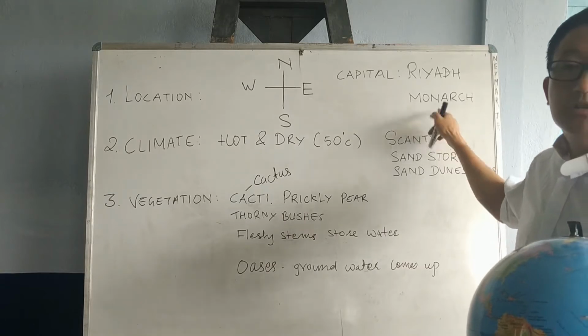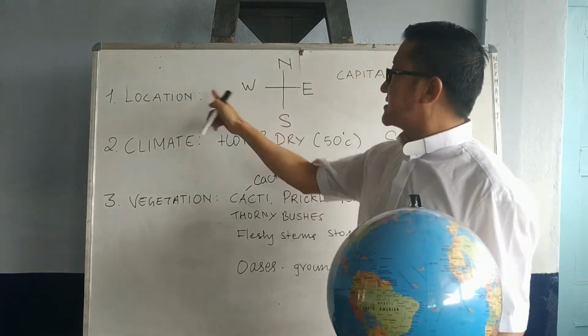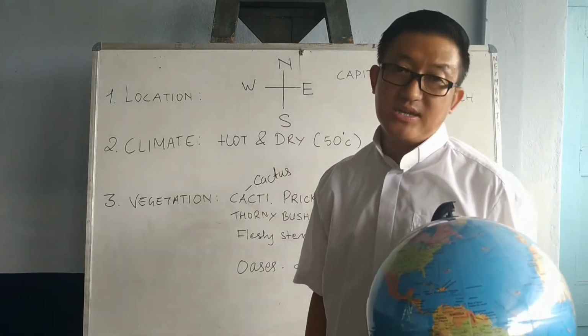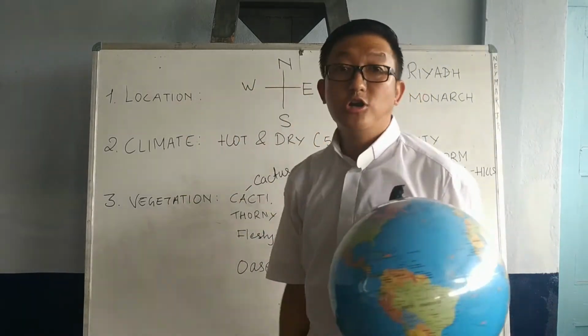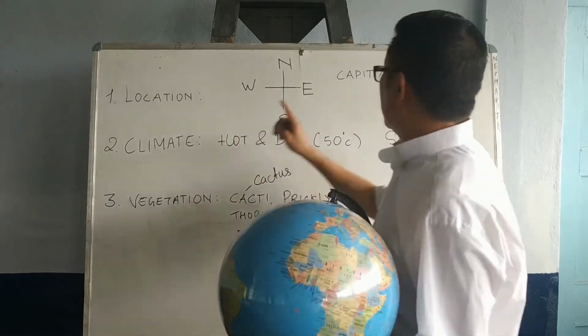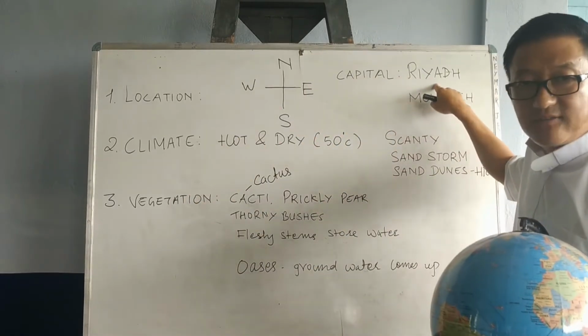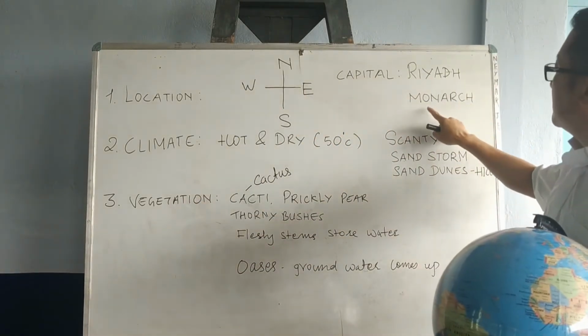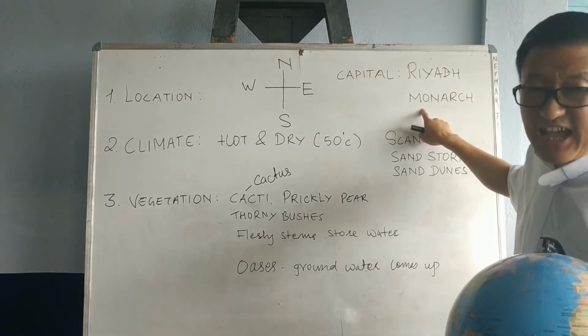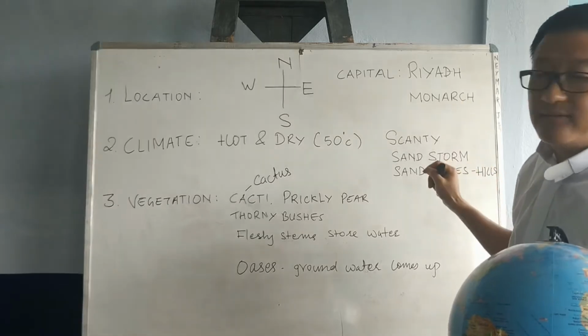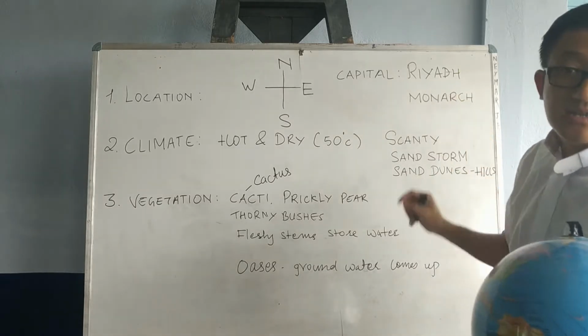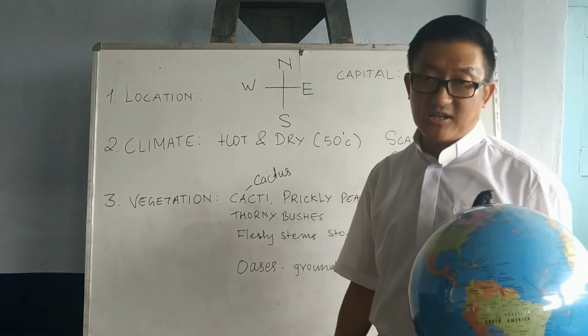A monarch rules over this country, that is Saudi Arabia. Okay, all these matters are for location. Now know the spelling of this and know the meaning of this. Monarch is a king. Riyadh is the capital city of Saudi Arabia.